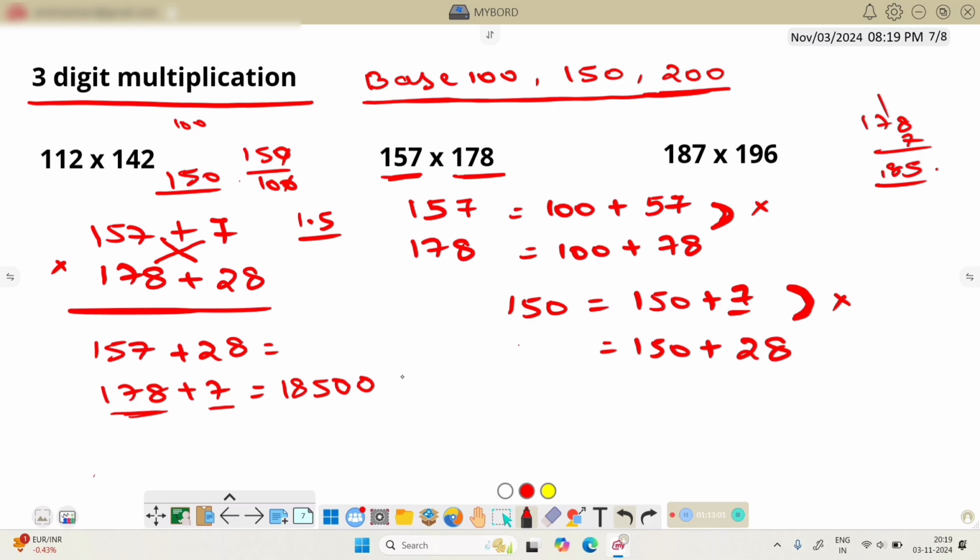Okay, into 1.5 you are multiplying. So instead of doing 1.5, you just add these two zeros and next halve this number. 2 9s are 18, 2 2s are 50, 0 5 2 9. You just add these numbers.